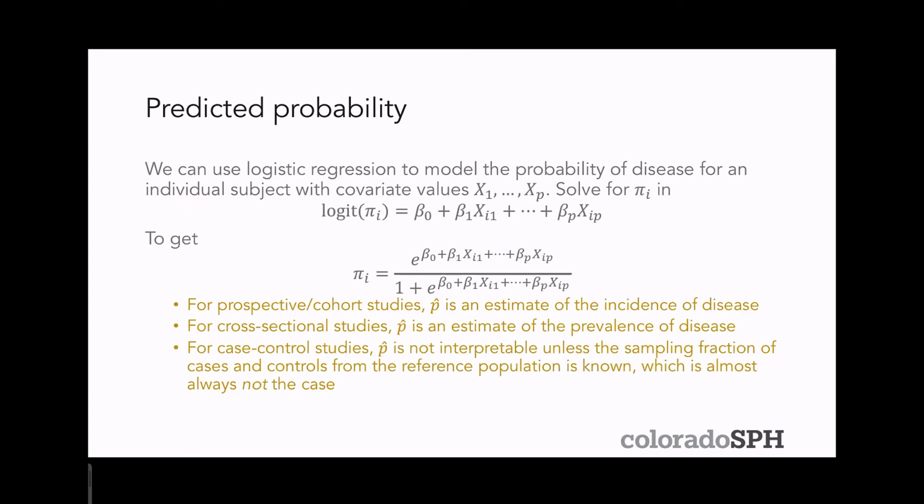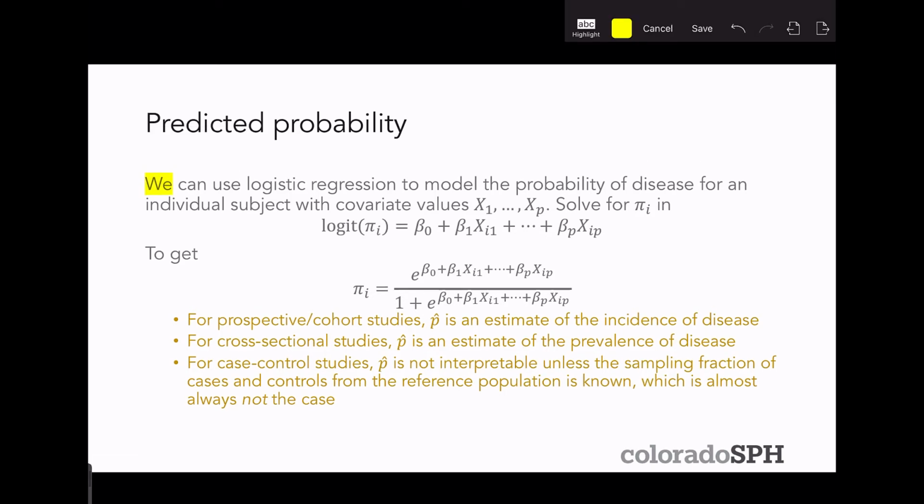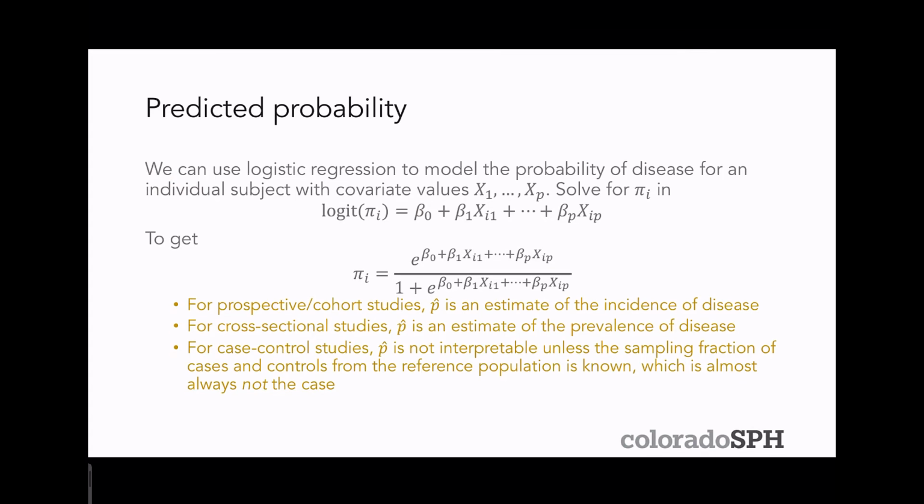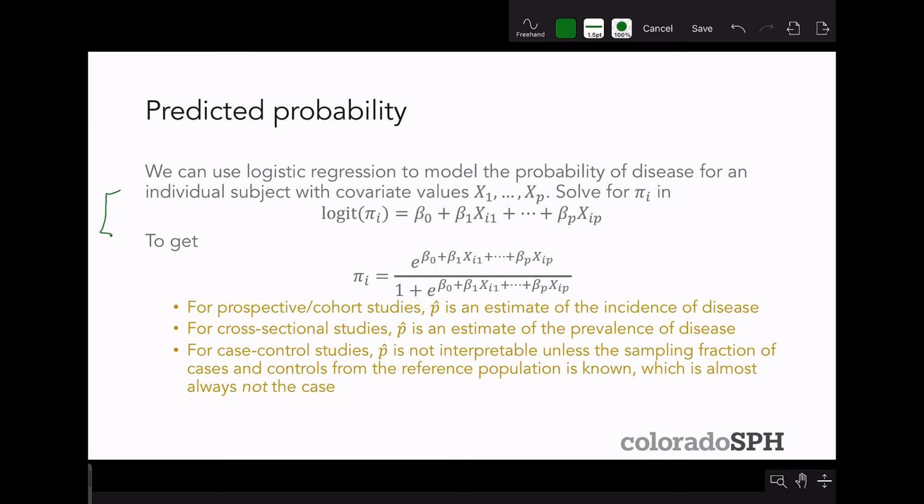So another thing that's nice about logistic regression is the ability to get predicted probabilities out of the model. And the way that we do that is by just solving for pi i in this equation here.